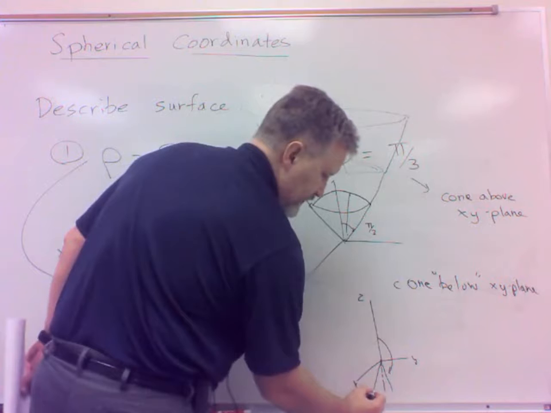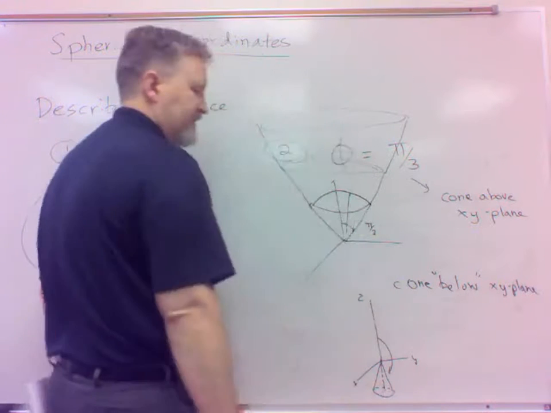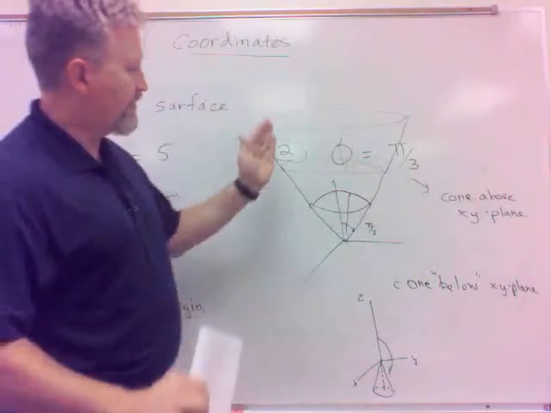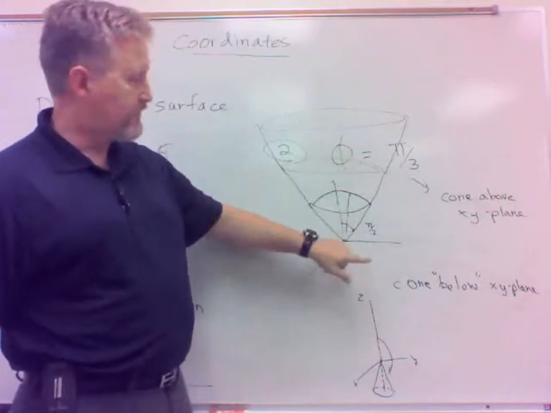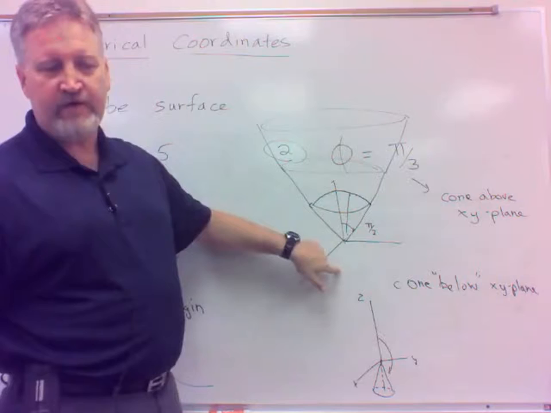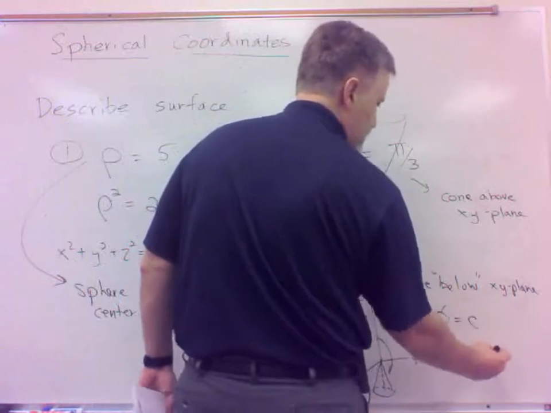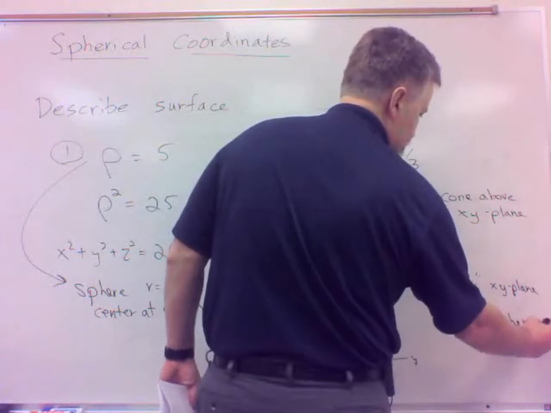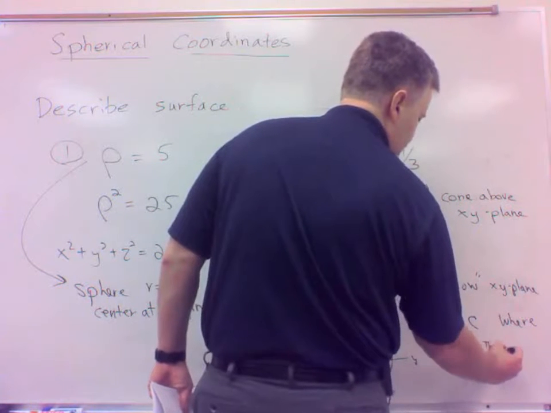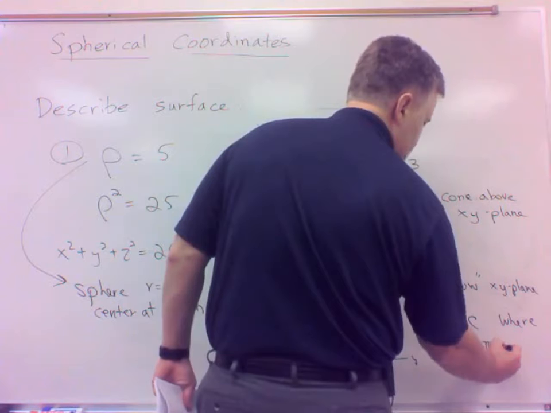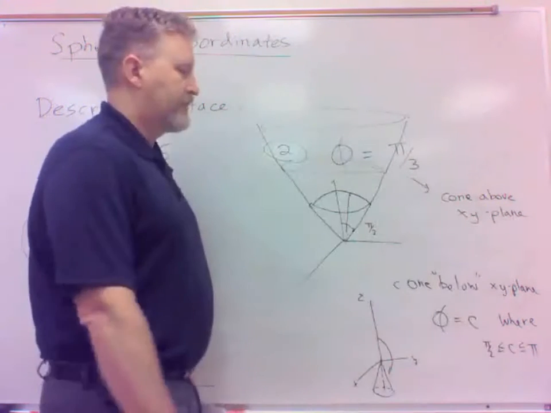To go past the xy plane would be at pi over 2, so we're going to have to go beyond pi over 2. So phi equals c, where c is somewhere between pi over 2 and pi. That's how you could put this.